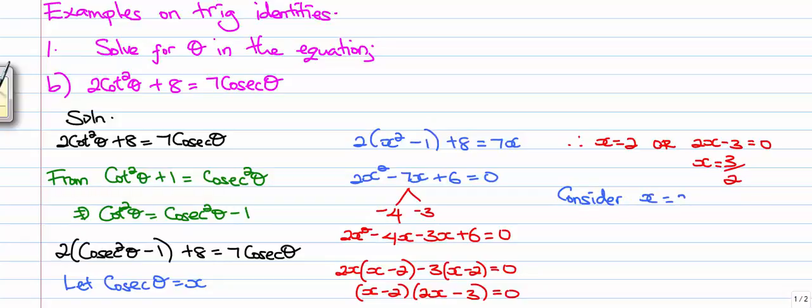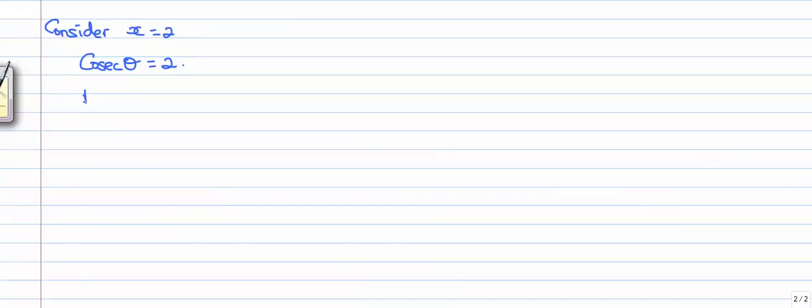And so once we consider x is equal to 2, remember this time around our x is cosec theta, is equal to 2. We can expand cosec theta now, which is 1 over sine theta equaling 2, and we will observe that sine theta is equal to a half.